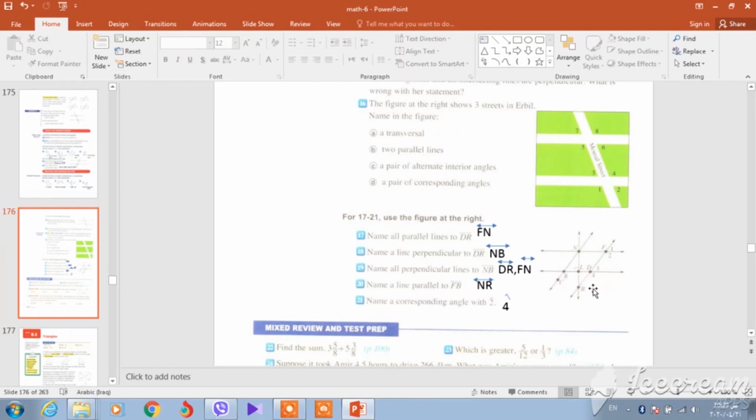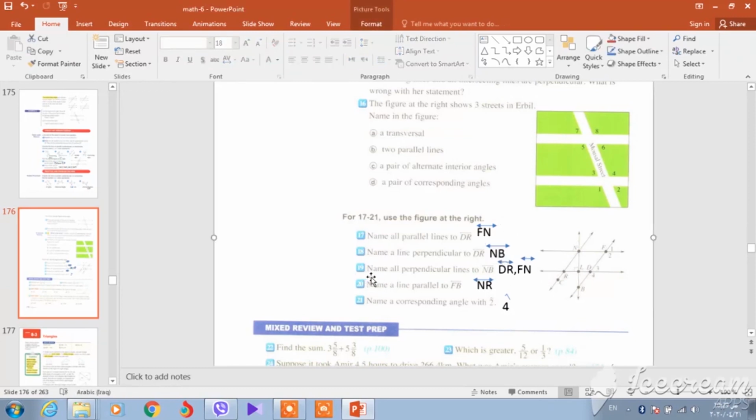They are not perpendicular, but if you look, line NB is perpendicular to line RD or DR. Both of them are right, students. So we write NB is perpendicular to line RD, or RD is perpendicular to NB.